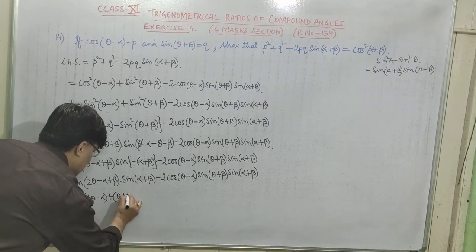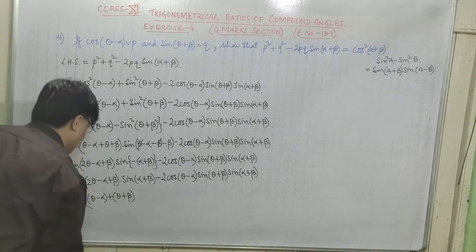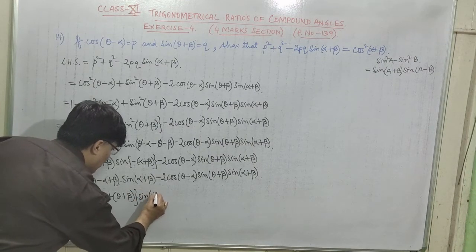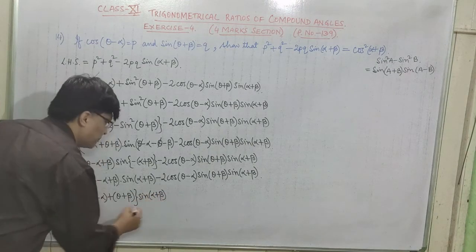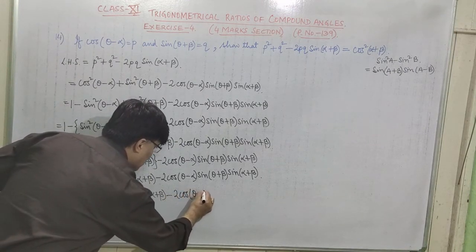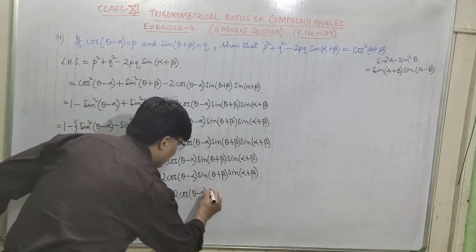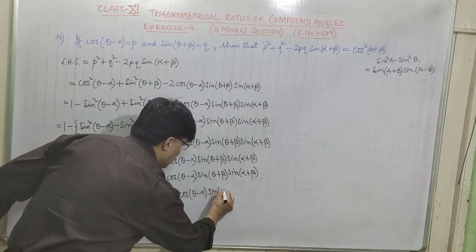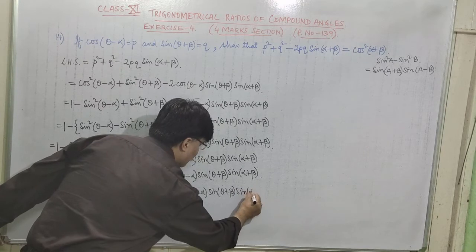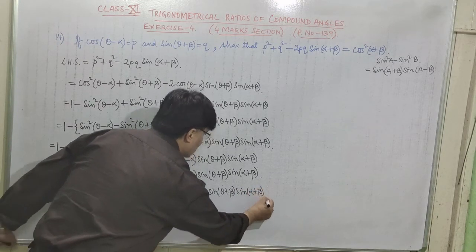That is theta plus beta. Okay. Second bracket is closed. Then this is sine of alpha plus beta minus last term as it is, 2 cos of theta minus alpha sine of theta plus beta, sine of alpha plus beta.